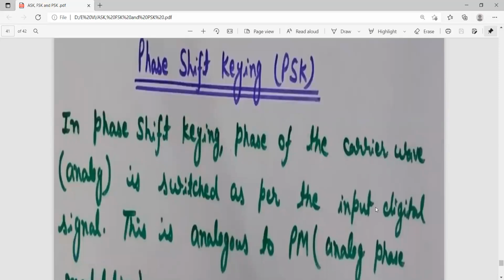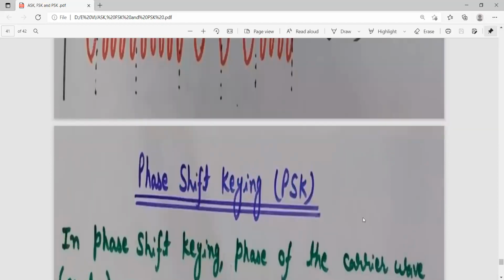I have already posted this PDF file in your WhatsApp group. You can download it, and you have to write all the points, and also with neat pictures. The pictorial representation will also give you some good marks. So these are the important topics from your second unit: pulse width modulation, pulse position modulation, then the three types of digital modulation techniques. These are important.